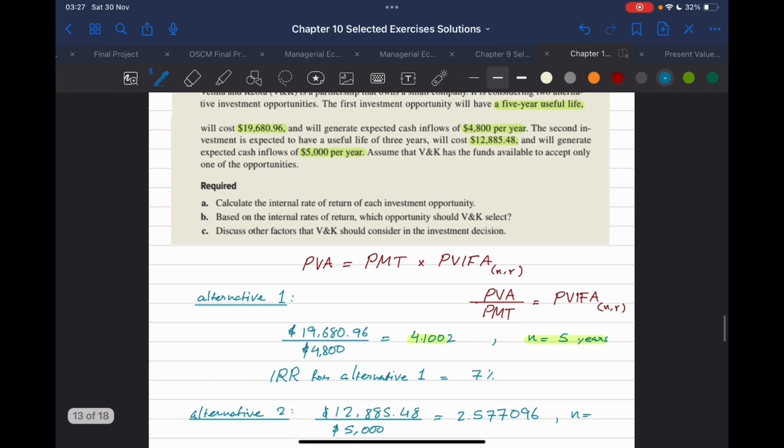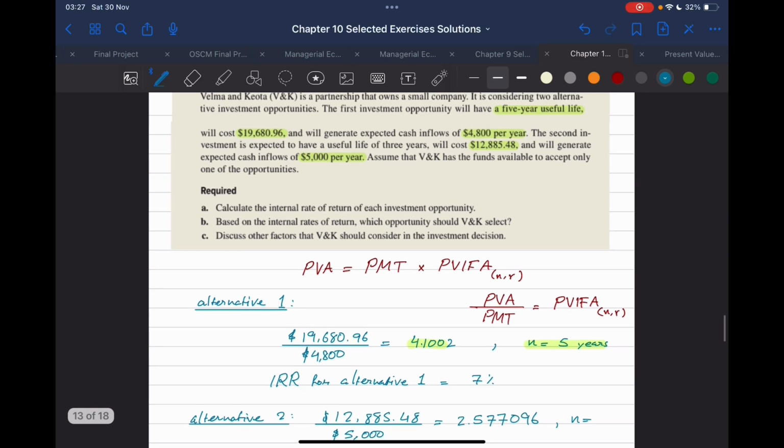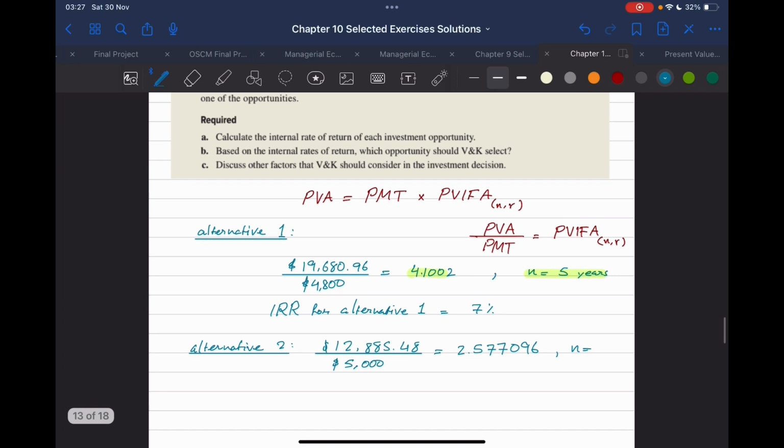should be looking into. Let me see. Right here. It says the second investment is expected to have a useful life of 3 years. So for alternative 2, the number of years is 3. Okay? Now similarly, we have the interest factor of annuity, and we have the number of years.